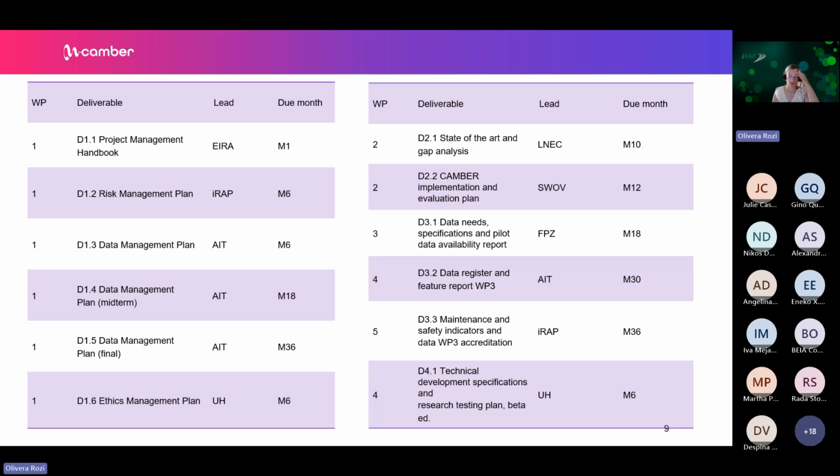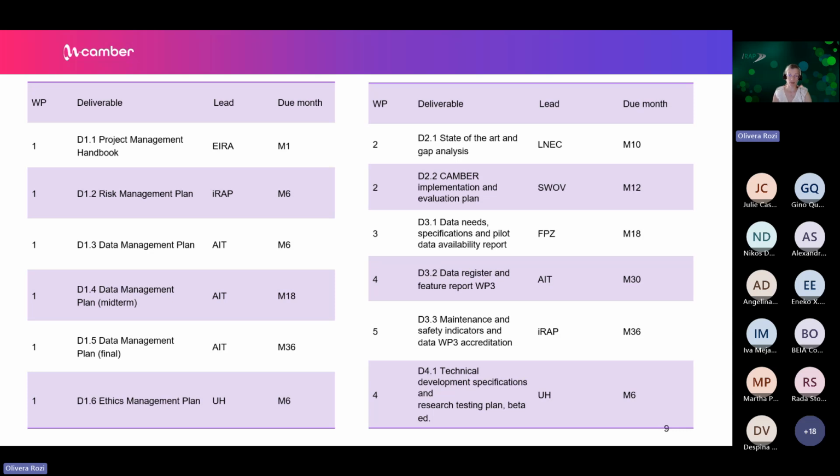In terms of deliverables, we are at a critical stage, but at the beginning of the project. Almost all our activities and tasks have now been kicked off.